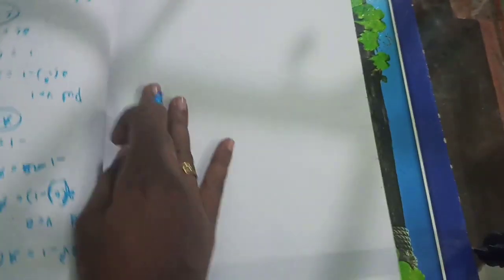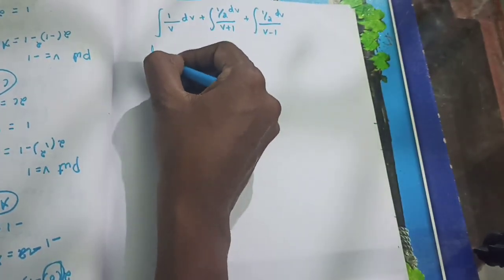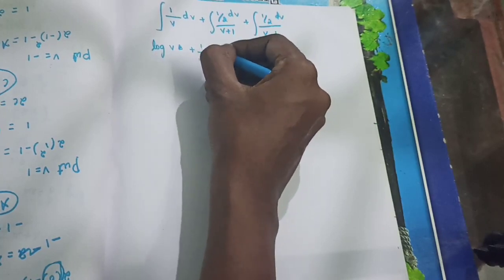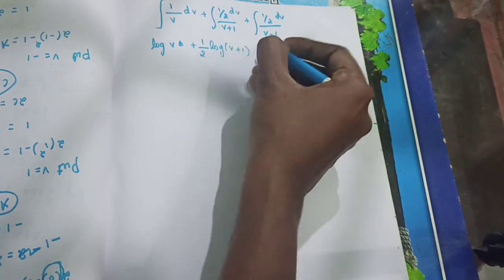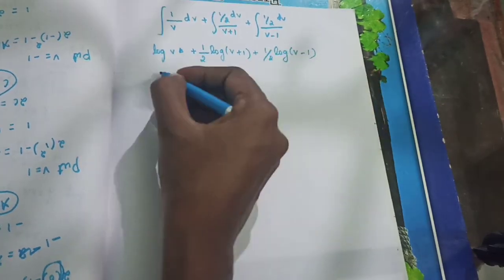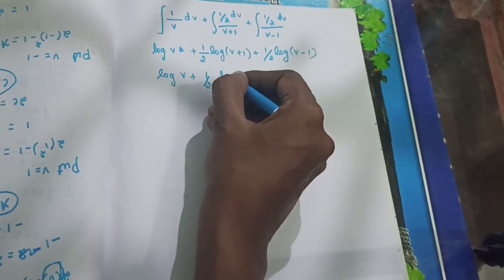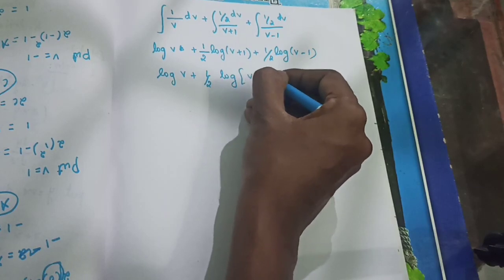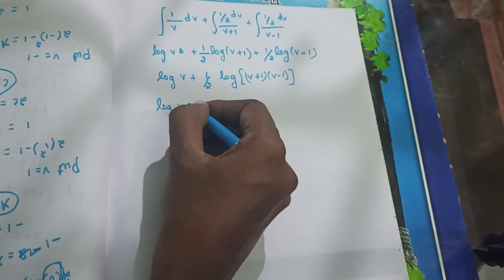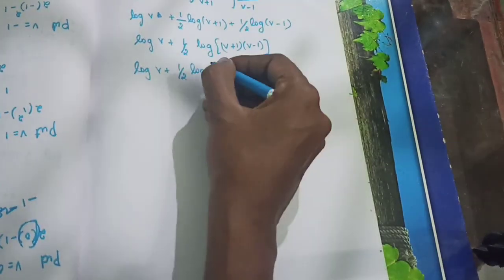Now I have substituted all the values here. So this one's integration is log v. Next one means 1 by 2 log of (v plus 1). Next one is 1 by 2 log of (v minus 1). So it is log v plus 1 by 2, common for both, 1 by 2 log. So totally what will you get? (v plus 1) into (v minus 1), that is log v plus 1 by 2 into log of (a plus b)(a minus b), which means a square minus b square.